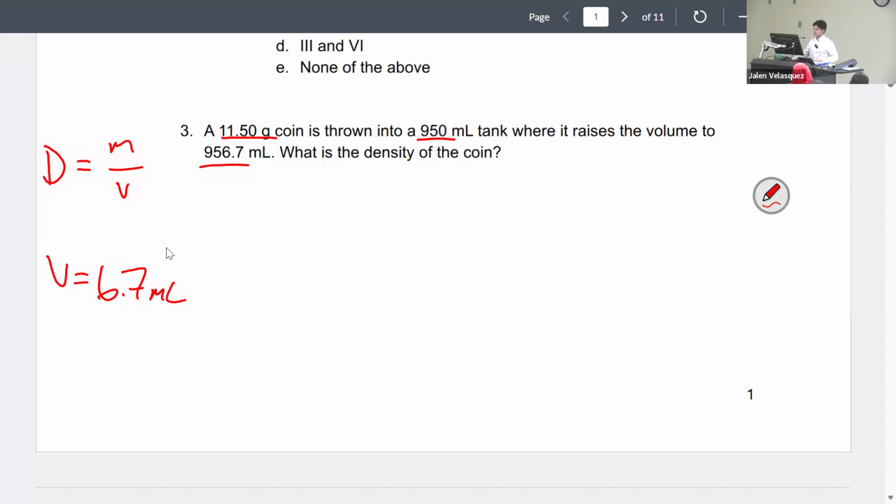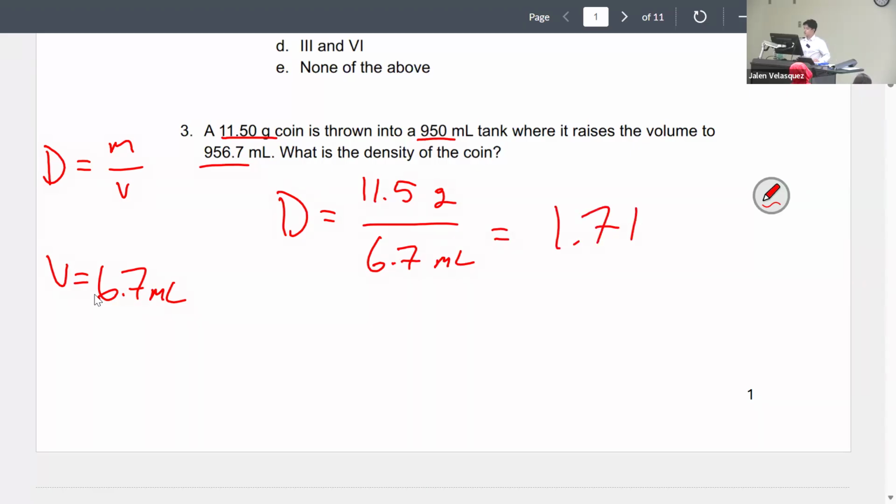All right. So we have the mass, we figured out the volume, and we plug into our equation. Density is the mass, which is 11.5 grams, divided by the volume, 6.7. And what's my density here? 1.71, and what are the units? What are the units of density?